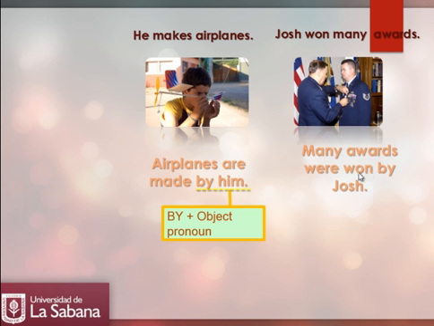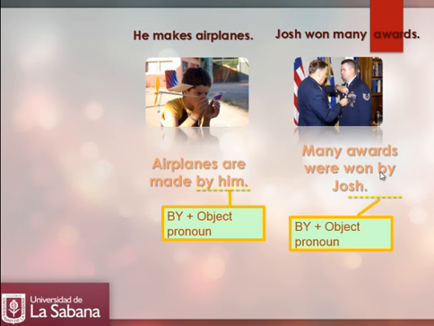So win becomes won, and the verb to be for the past simple tense is was or were. But since the subject is many awards, it's plural, the verb to be should be were. So we have many awards were won by George. Once again, we add by George to show who performs the action.